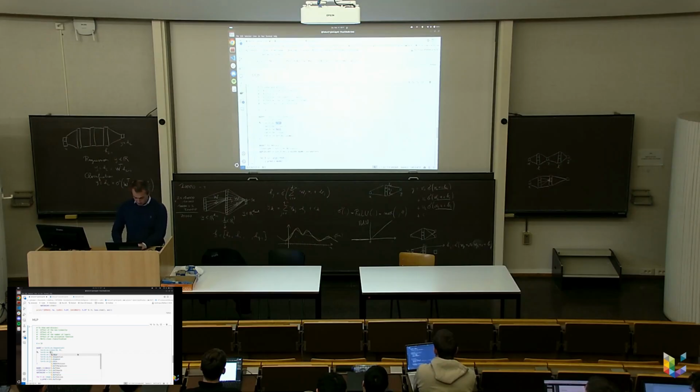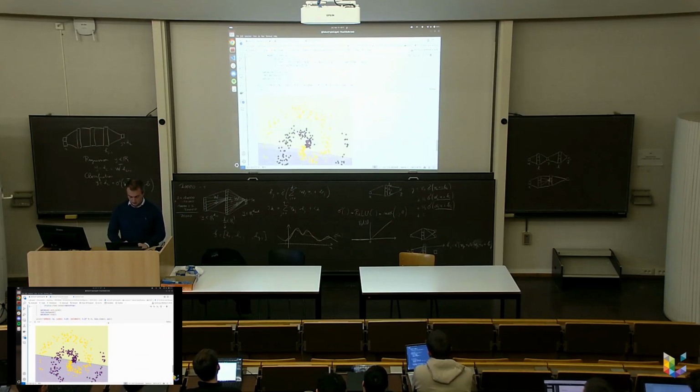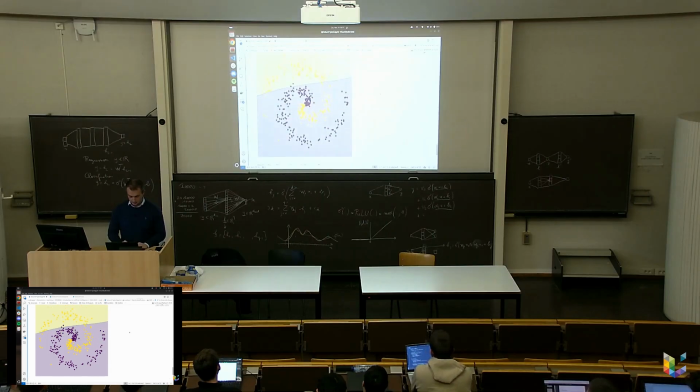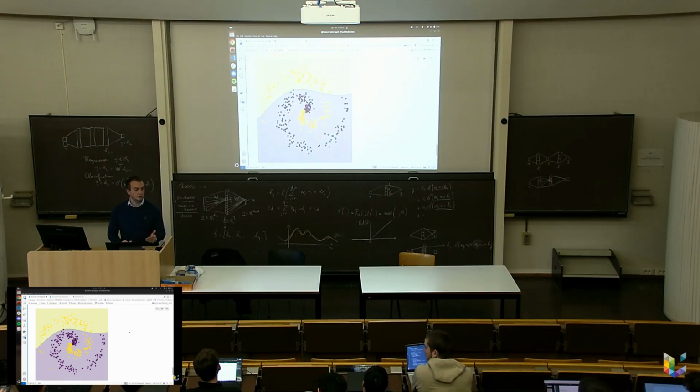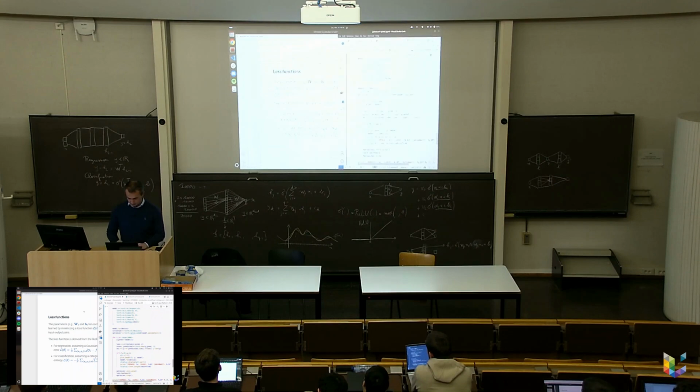We have seen others. So we have seen, for example, the sigmoid activation function. So I could replace this. So now we see it's smooth, but it doesn't work very well. There are others that we have seen. Let's go back here.